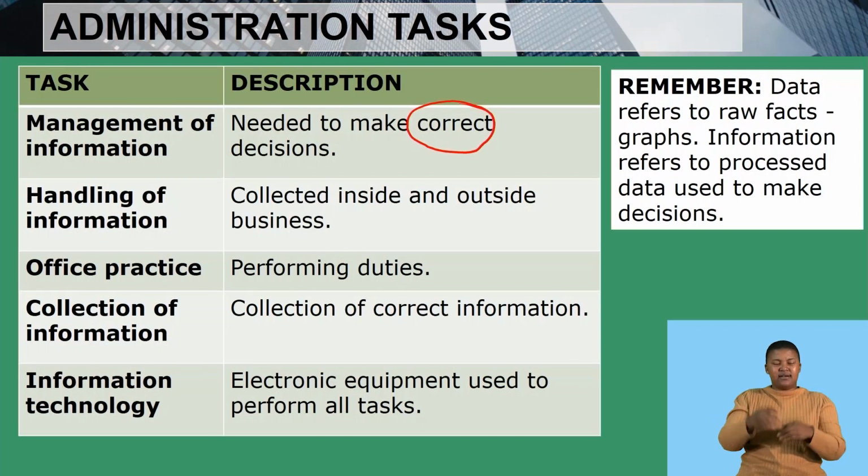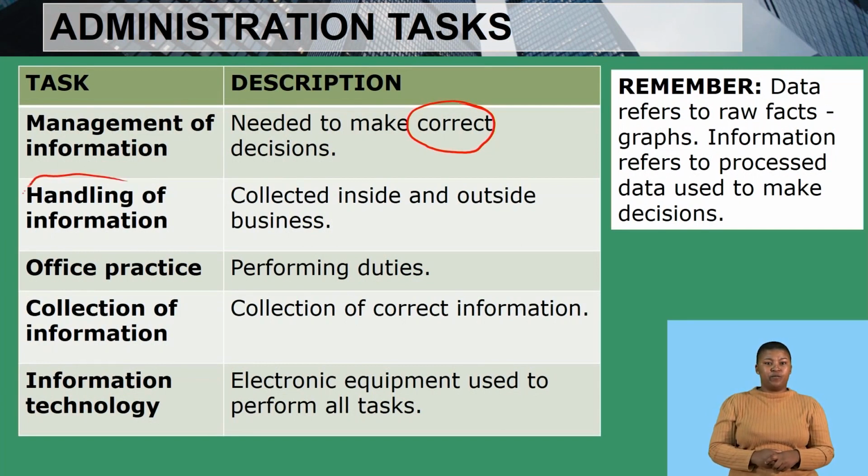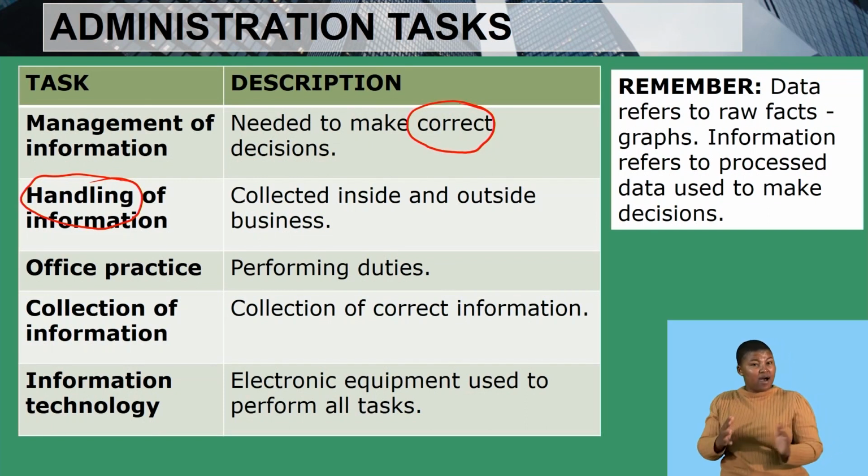So it is administration's task to manage this information. They will also handle the information. That means that they will collect all the information inside and outside of the business and store it in such a way so that it can be recalled easily and quickly.